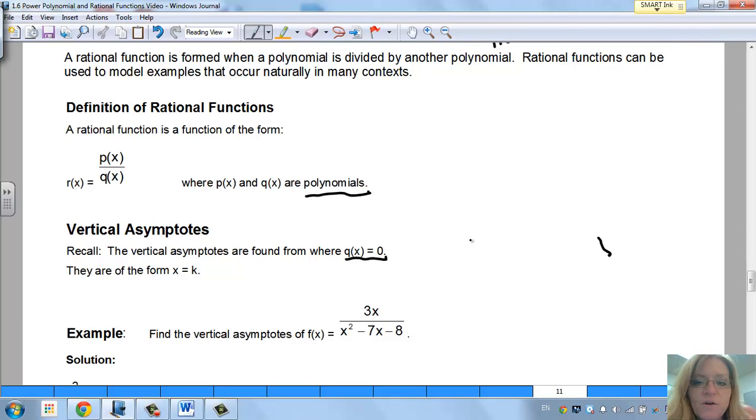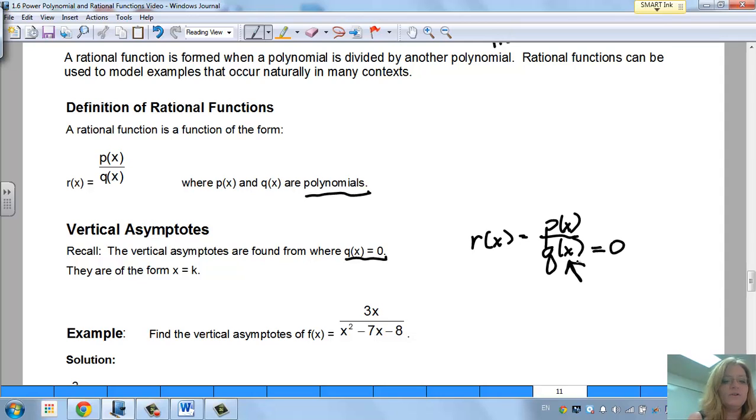So if this is our function r of x, I have a polynomial in the numerator divided by a polynomial in the denominator. If the denominator equals 0, then that gives rise to a vertical asymptote x equals k.